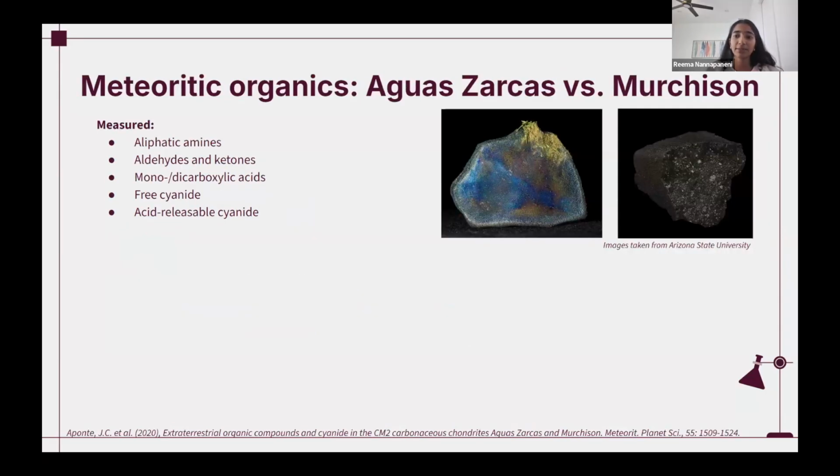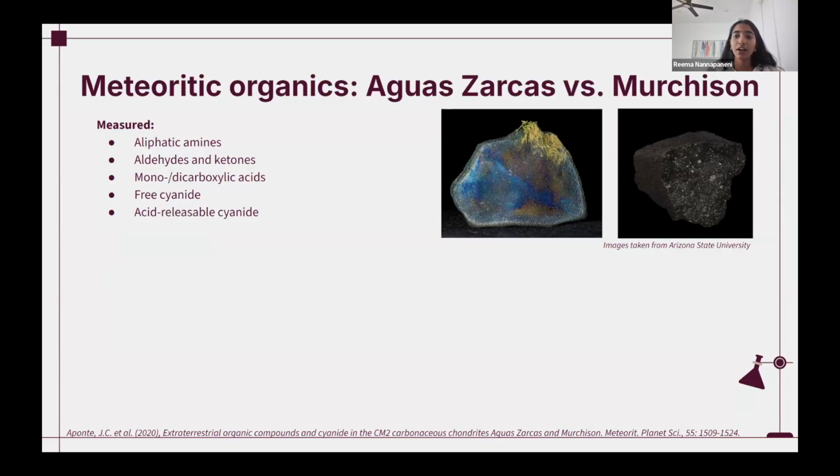Finally, my last paper moved away from laboratory simulations and asked what was actually found on extraterrestrial material. In this paper, Aponte and colleagues measured two CM2 carbonaceous meteorites, Aguas Zarcas, which is this meteorite over here, and Murchison. Carbonaceous meteorites are very valuable because their soluble organics preserve chemistry from the early solar system and subsequent processing within the parent bodies of the meteorites themselves.